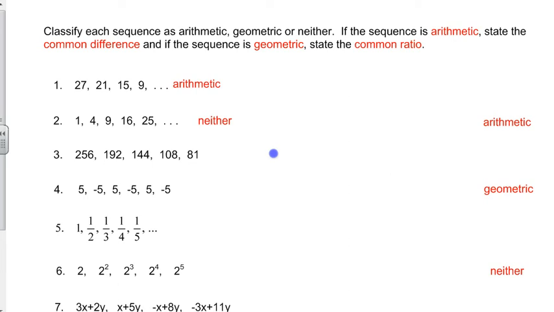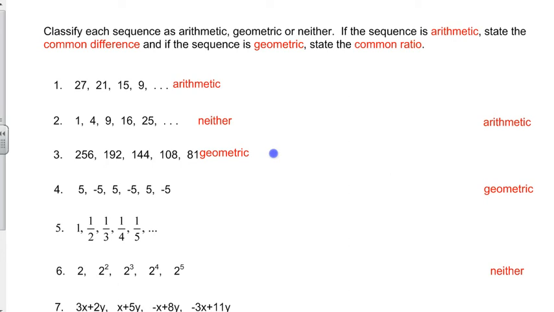If I subtract 64 from 192, do I get 144? No. So not arithmetic. Okay, what's 192 divided by 256? What's 144 divided by 192? Is it the same as what you got? What's 108 divided by 144? Is it the same as the one you just got? Yeah. What kind of sequence is it? Geometric.